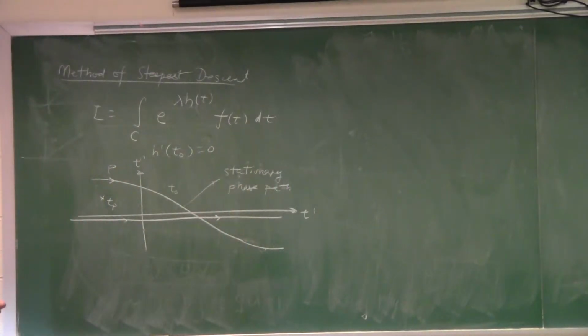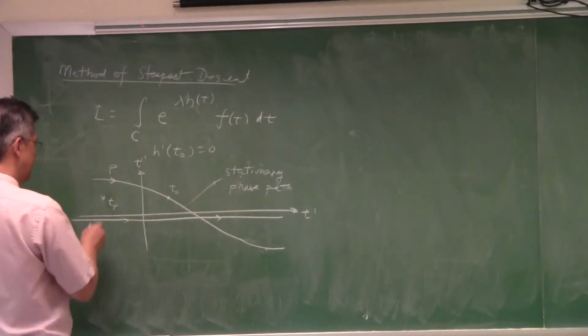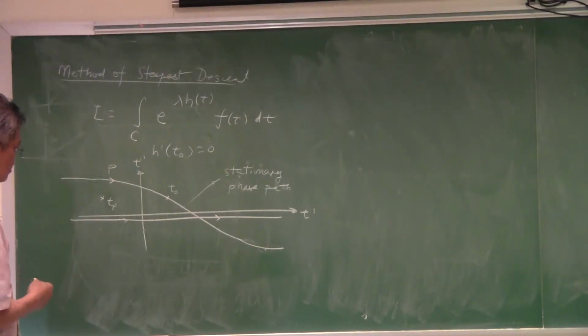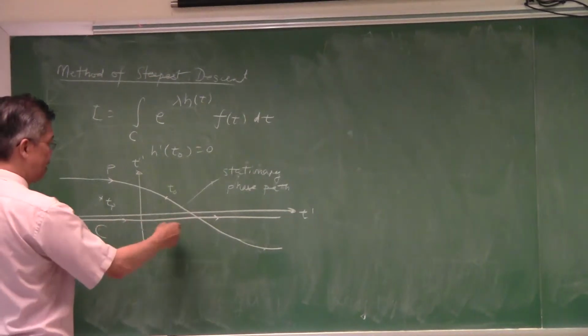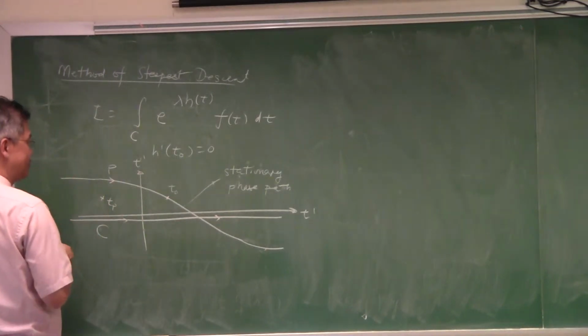Okay, that this path would pass through this stationary point in this manner, and that if I can detour my contour C to this path, then I can exploit the method of steepest descent to evaluate this integral.